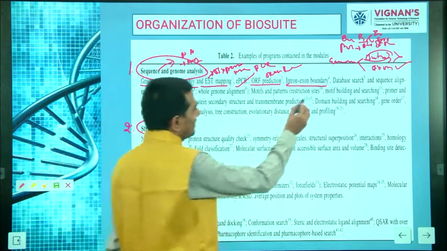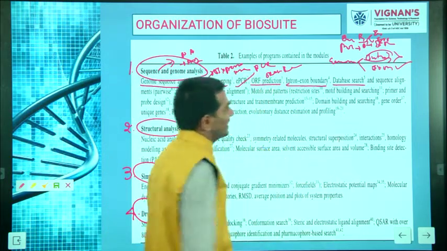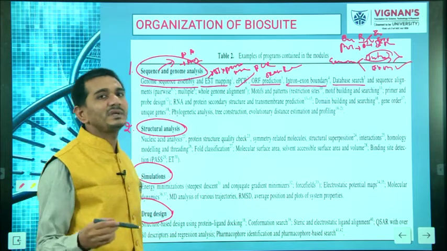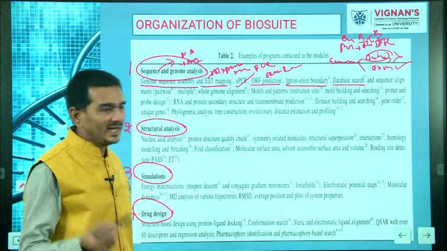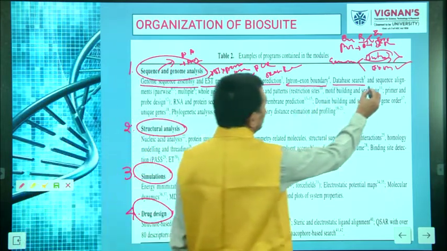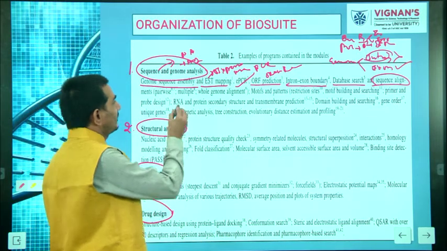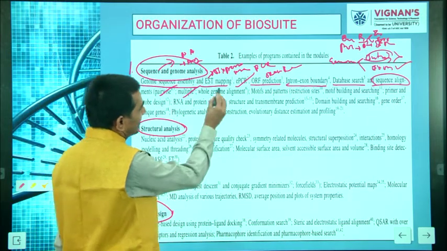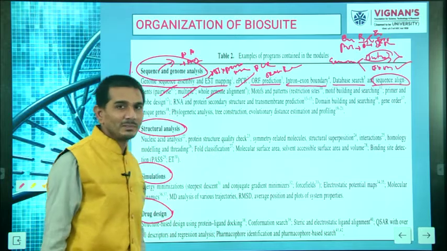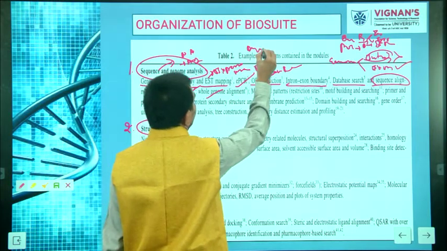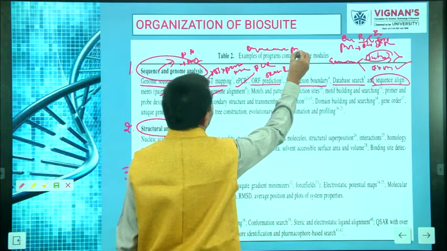And next is database search. Once the database is created, we have tools in the field of bioinformatics where we can retrieve the data from the databases, and later we can perform sequence alignment. Here in sequence alignments, we have pairwise alignment, multiple sequence alignment, and then whole genome alignments. Here we need to discuss the concept of dynamic programming.